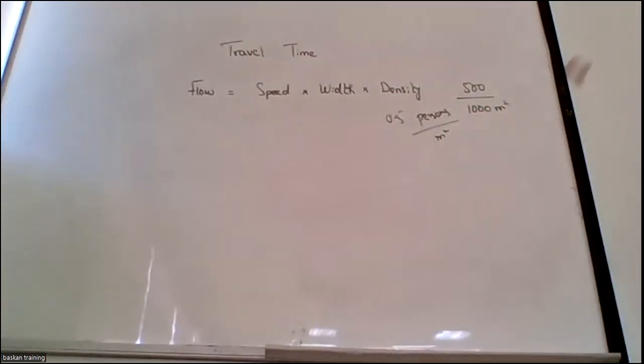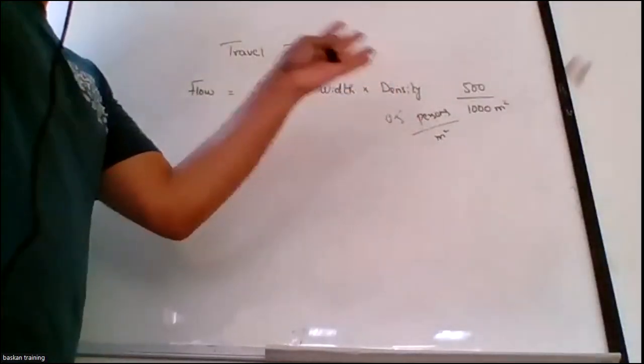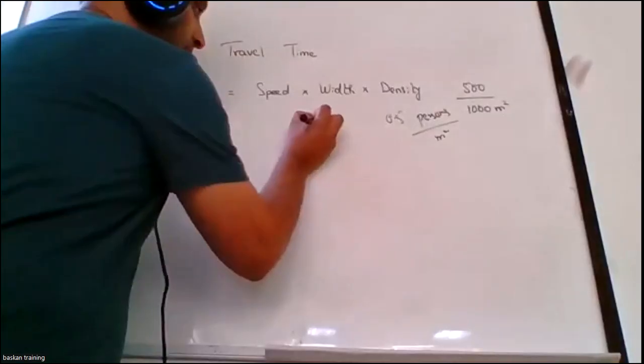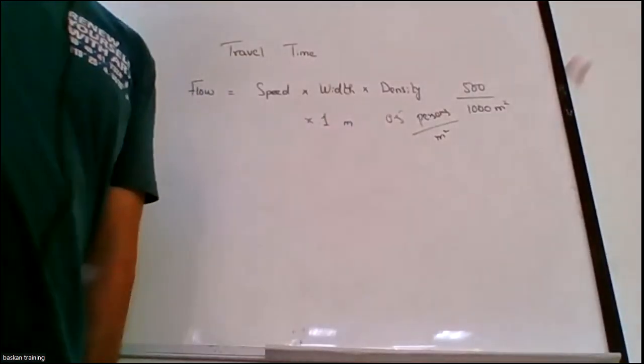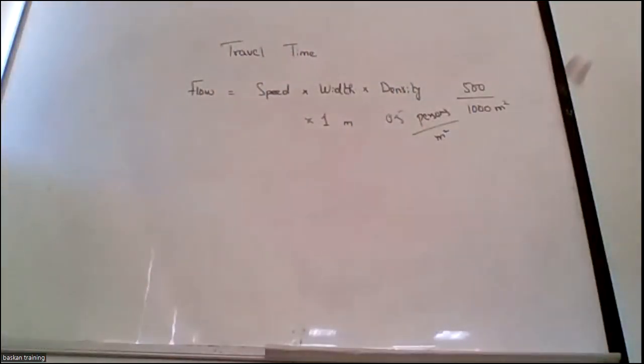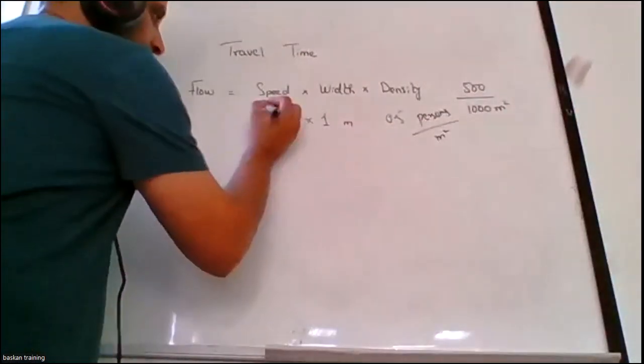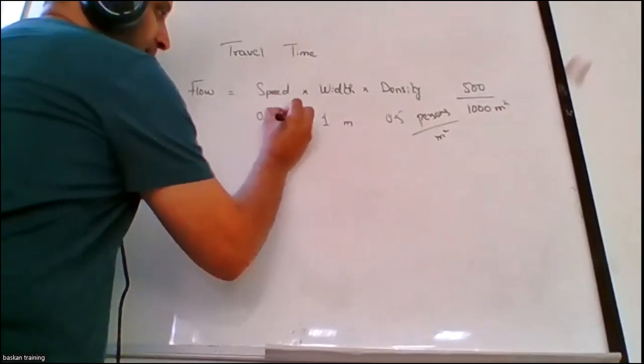Width is the width of the means of egress corridor. Let's say the standard width is 1 meter. The average speed of a person varies from 0.4 to 0.8 meter per second, but in a panicking situation it can go up to 1 meter per second. Let's say it is 0.6 meter per second.